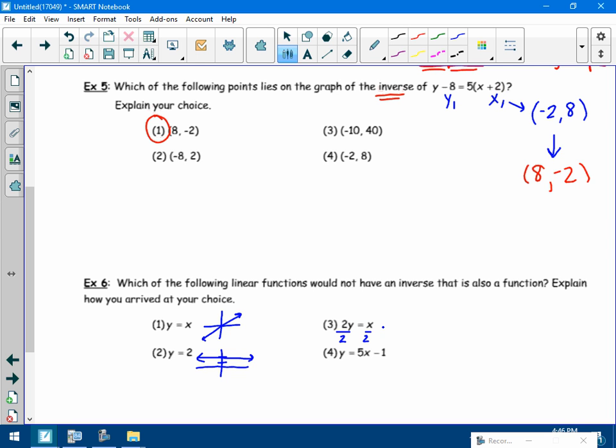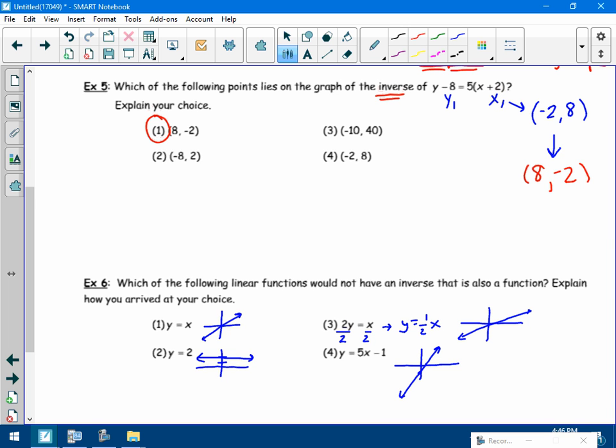Divide by 2 and you get y equals 1/2 x. So that's a slope of 1/2 going through the origin. Looks pretty similar to choice 1, except a little less steep. And then y equals 5x minus 1. Go through -1 with a slope of 5. That'd be pretty steep, something like that.